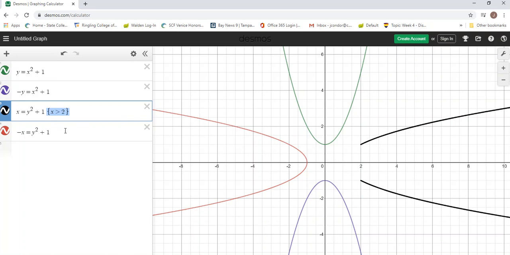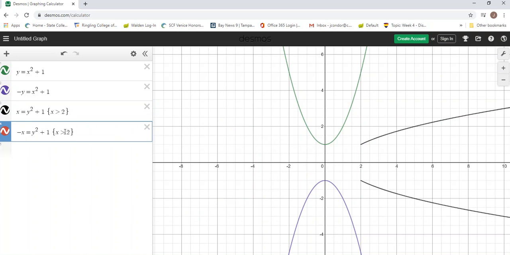And this one, the red one, x less than -2. All right, and we could cut these off, again, using the restrictions here, and put some lines in here, and we have a design, or we could just put some lines to here, up and down.